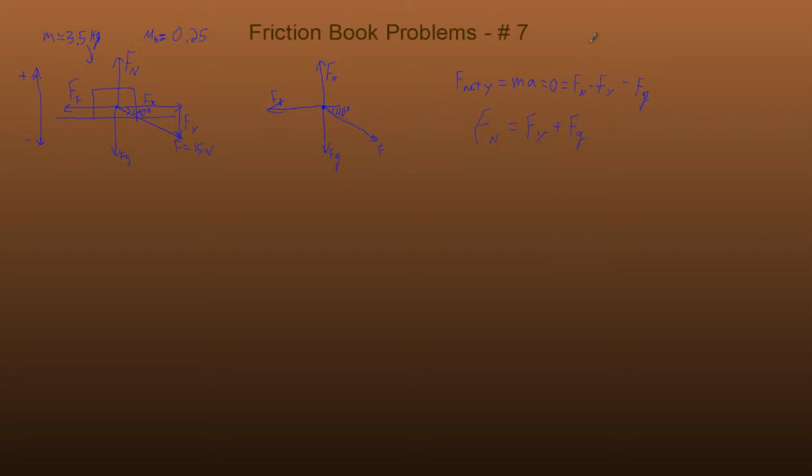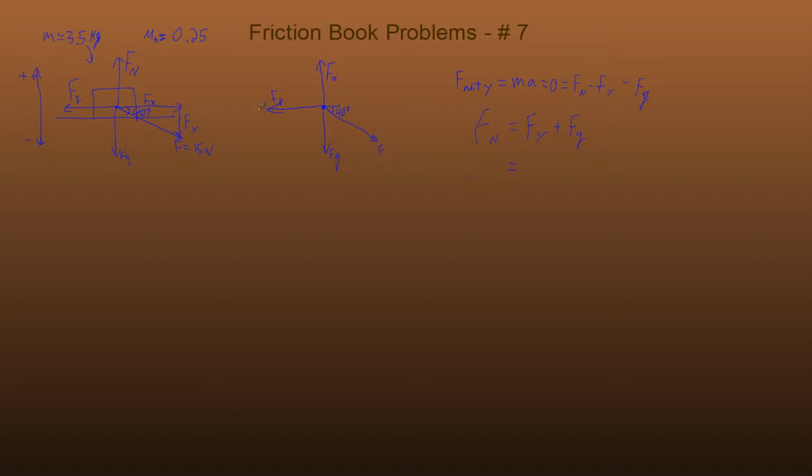So free body diagram, regular diagram, define the direction of motion, net force equation in the y direction. Let's just take this to its natural endpoint. We know the y force because we know the actual force and we know the angle's 40.